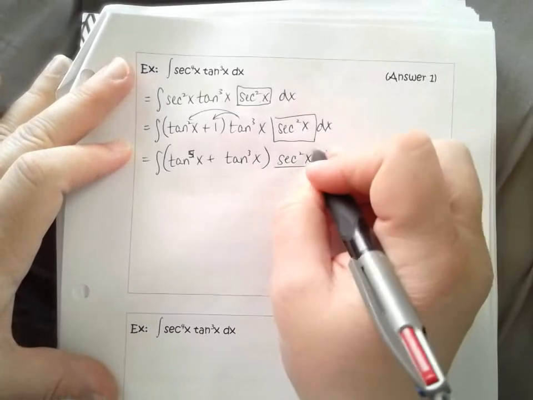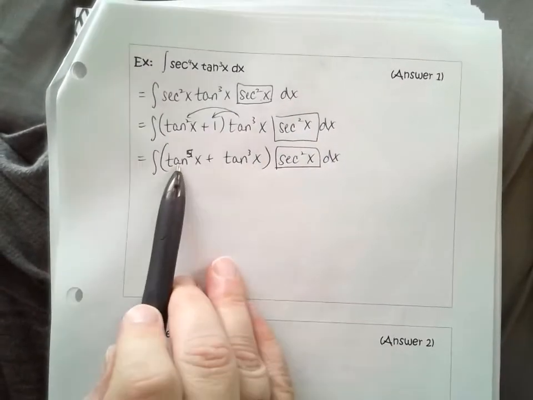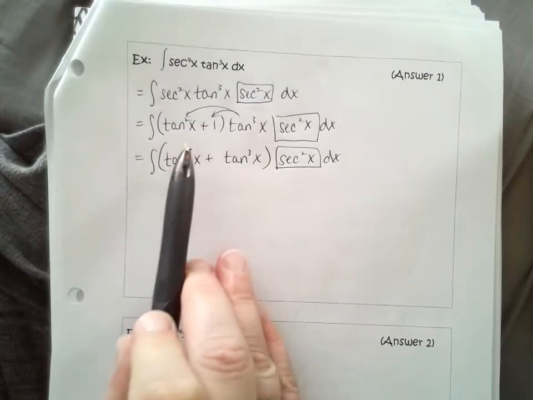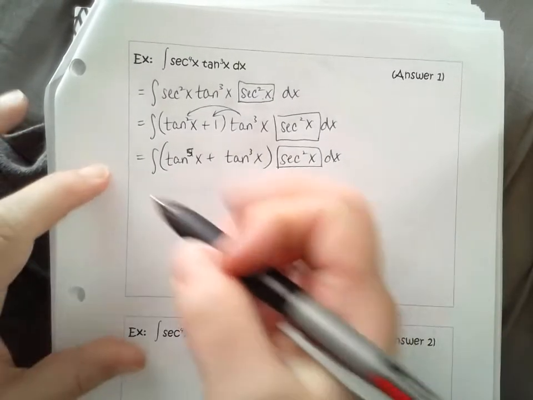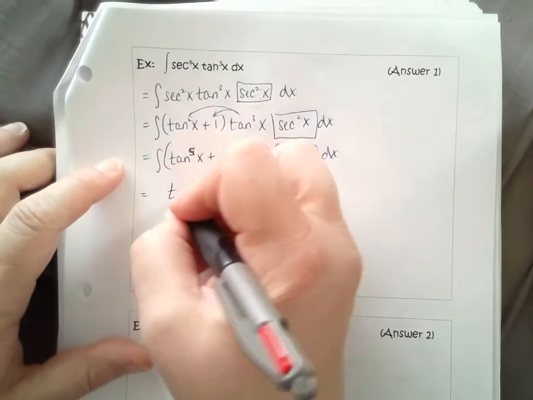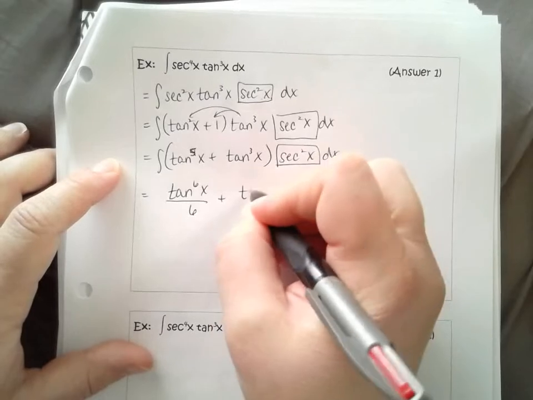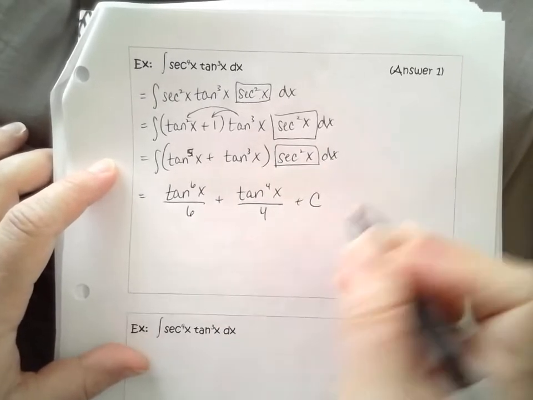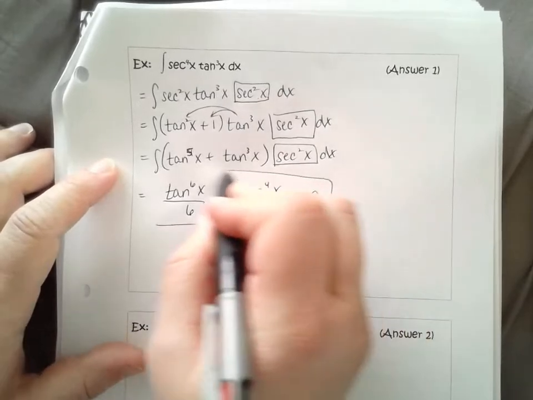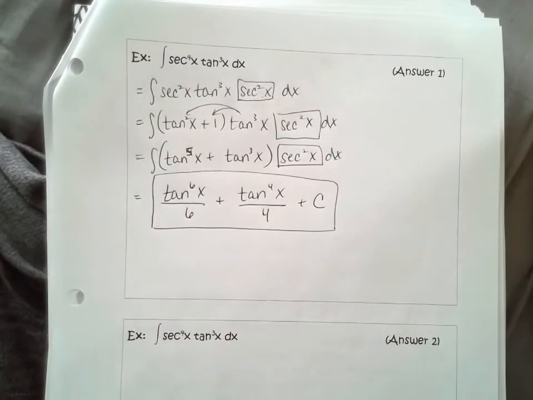And I want you to imagine again, I'm not going to write u sub, but do we have the appropriate u sub? If u is tan, this says u to the 5th du, and this says u cubed du. So my final answer is u to the 6 over 6 plus u to the 4th over 4 plus c. I say final answer, but as I said it, I wasn't writing u, I was writing tan instead.